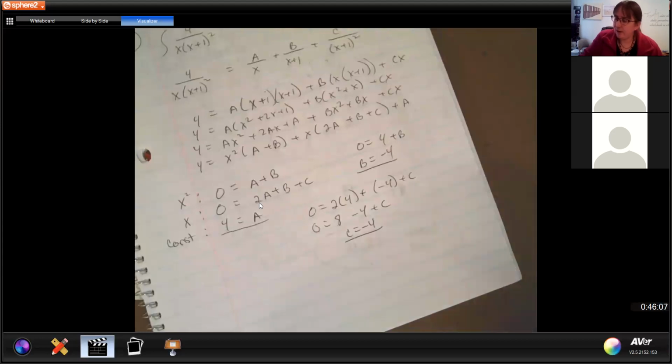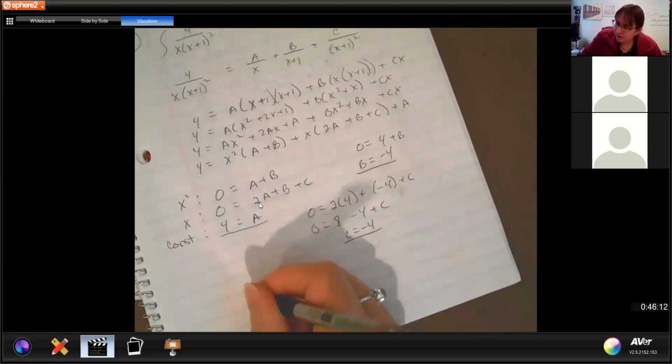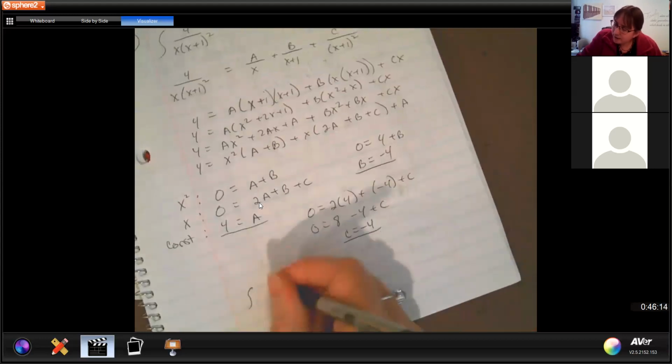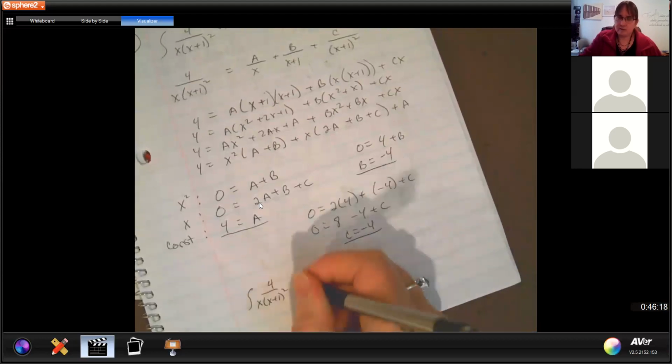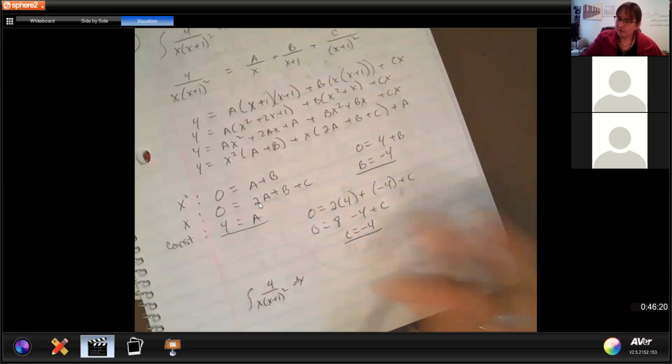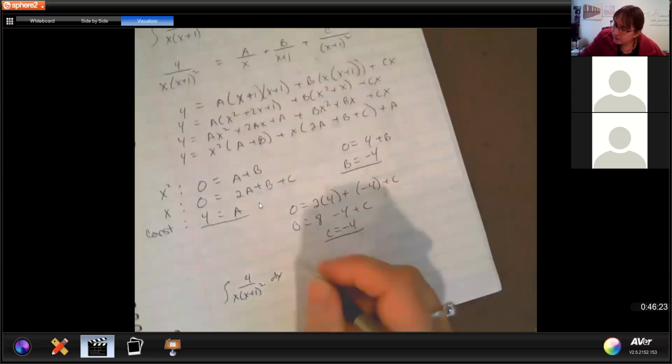And so once we have all our A, B, and C, we can solve the initial equation, which was the integral of 4 over x times (x plus 1) squared.